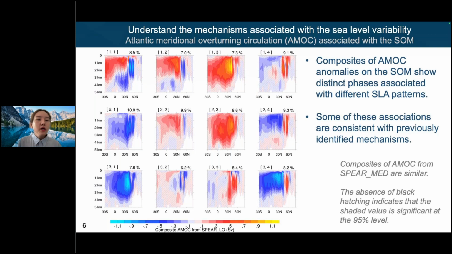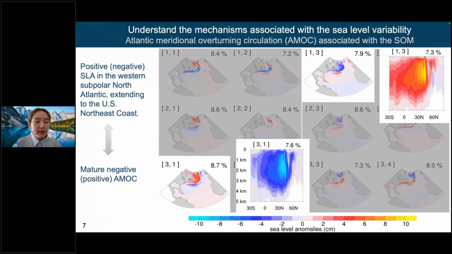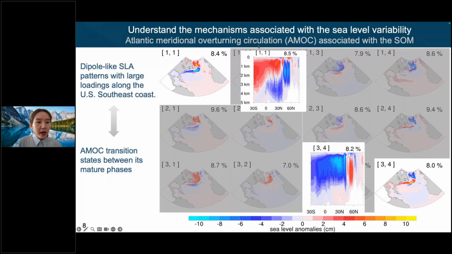For example, node 3.1, which has positive sea level anomalies along the U.S. northeast coast, is associated with a mature negative AMOC phase. Node 1.3, which has an opposite pattern compared to node 3.1, has a mature positive AMOC pattern. And these two dipole-like patterns, 1.1 and 3.4, are associated with AMOC transition states between its mature phases.